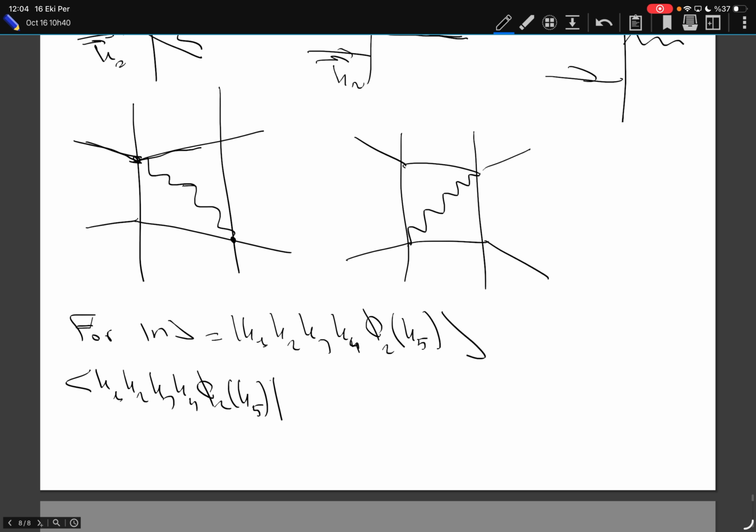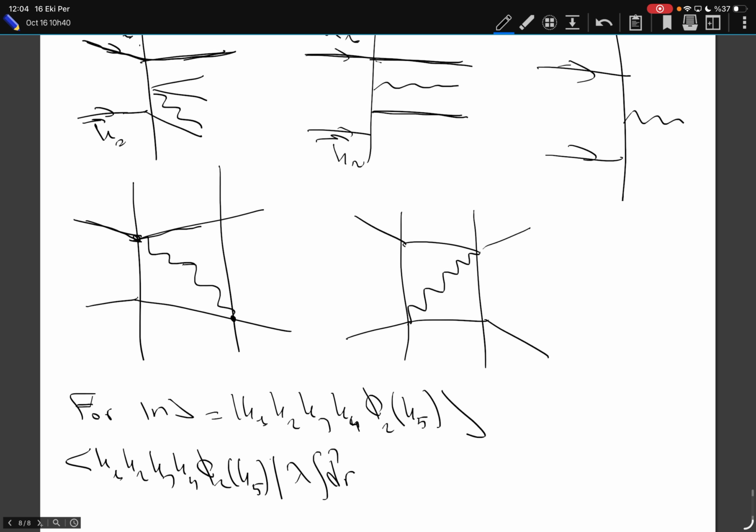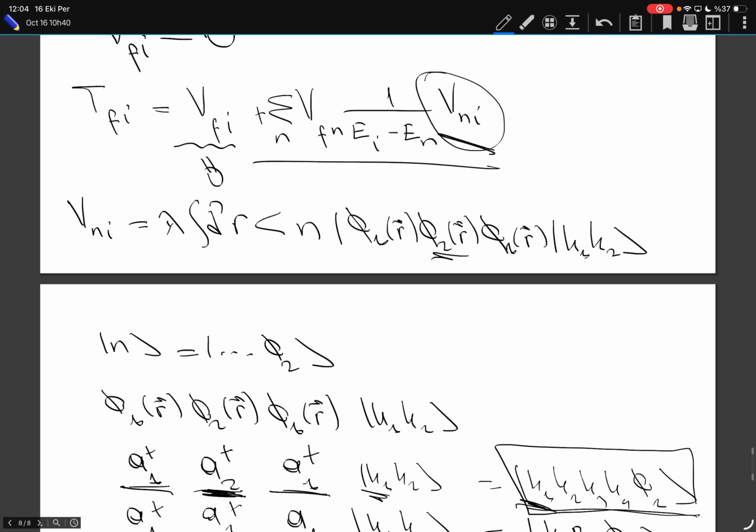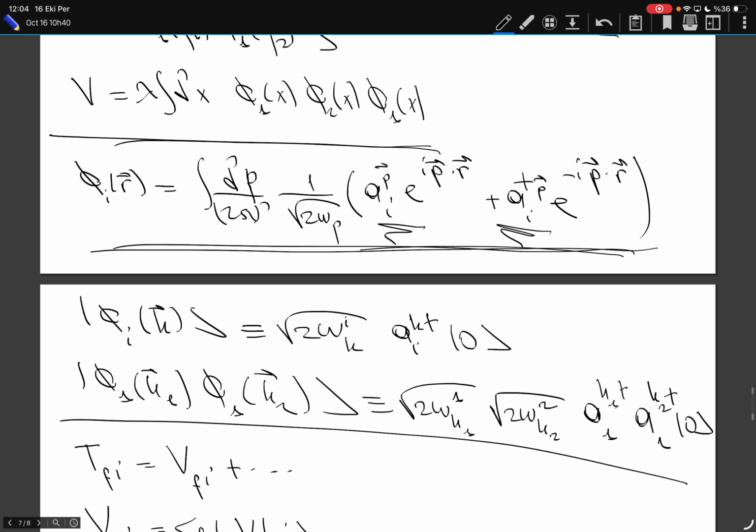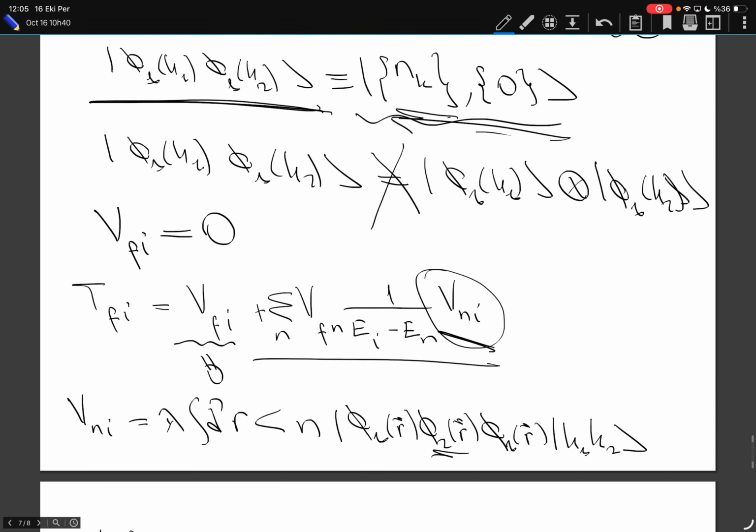Since I just have one kind of particles, just one of the second type of particle, I'm not writing phi 1 for the one type of particle. Those K1, K2, K3, and K4 are the momenta of the first kind of particle. And then, if I want to get a non-zero matrix element over here, I have to look for, okay, where was my field? I have to take this part in all of the phi 1 and phi 2 fields.